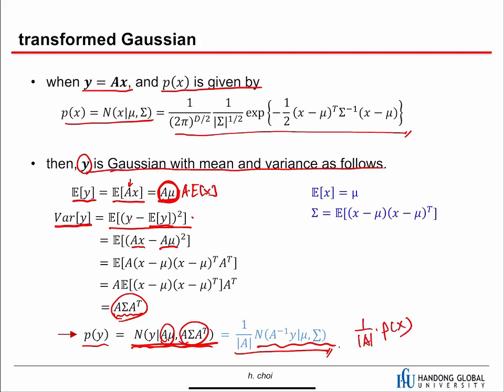P of x is actually this Gaussian distribution. And since y is Ax, then x is A inverse y. So we have A inverse y here because we want to use N of x given mu and sigma.